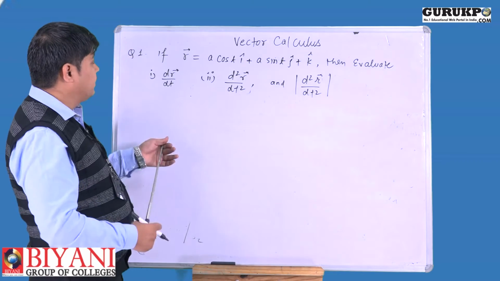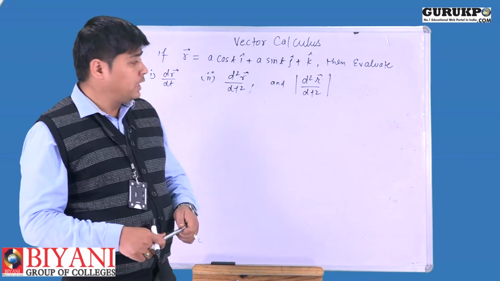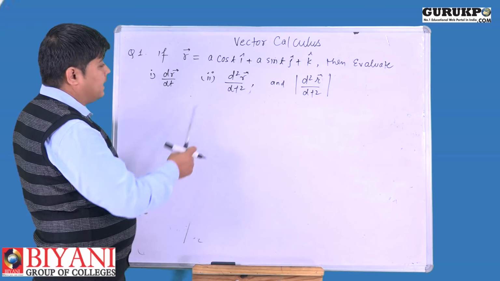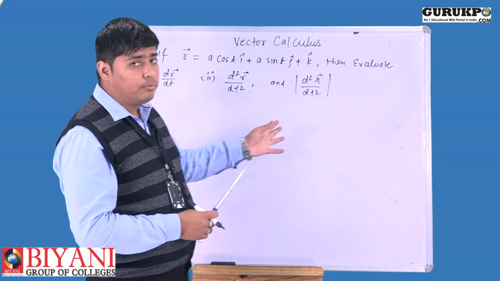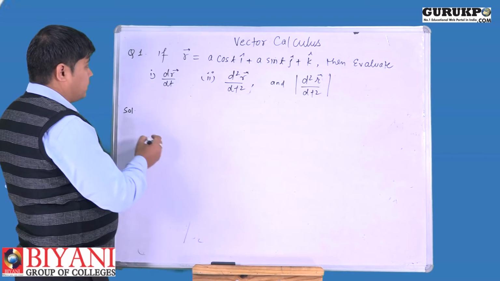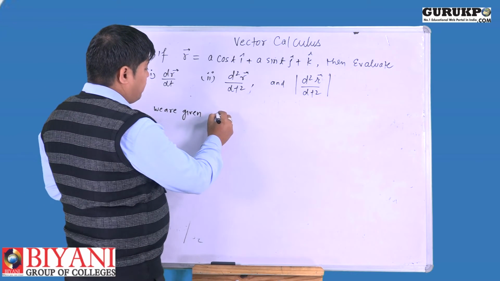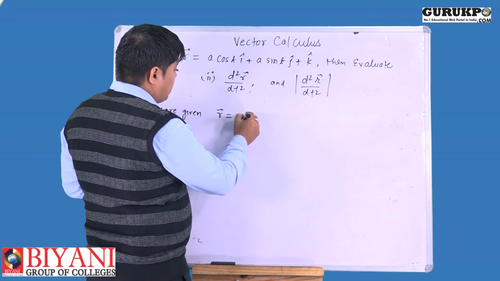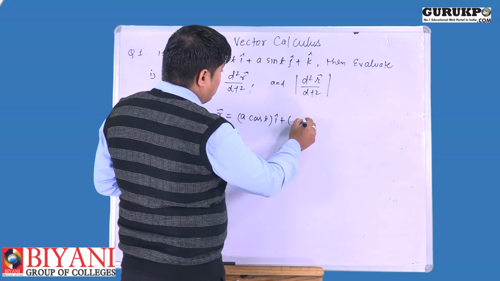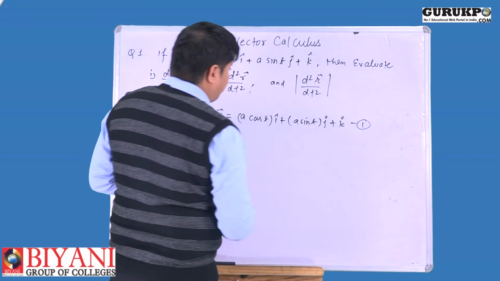Here we are given the vector function r equals a cos t i cap plus a sin t j cap plus k cap, and we need to evaluate dr by dt, the second derivative d2r by dt square, and their modulus. So first of all we will start the solution. We are given vector r equals a cos t i cap plus a sin t j cap plus k cap, equation 1.